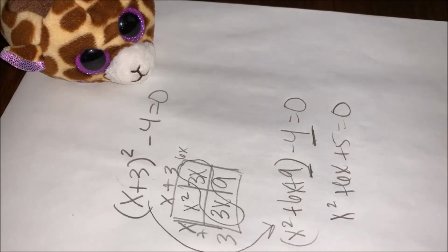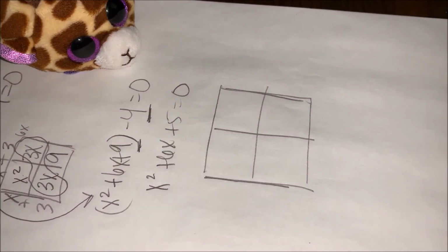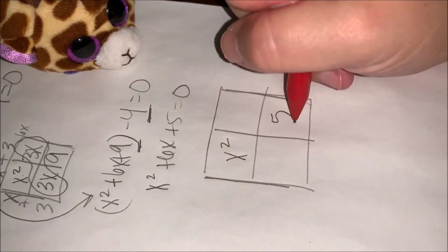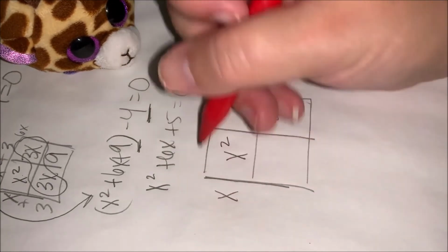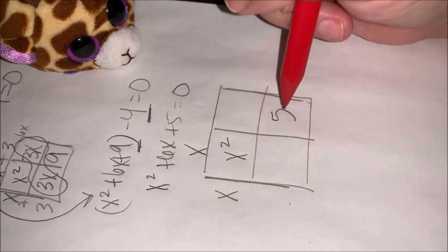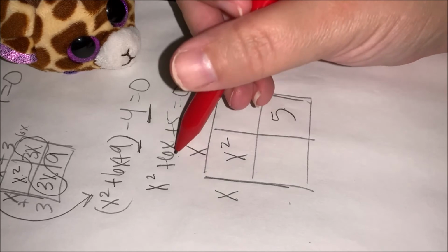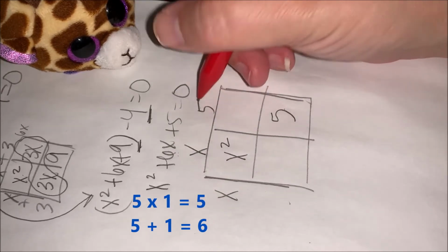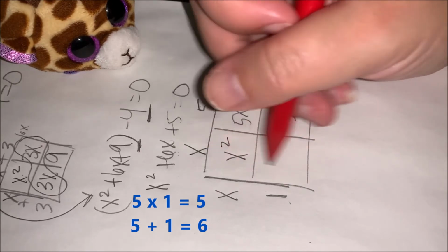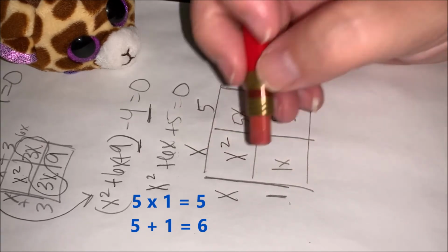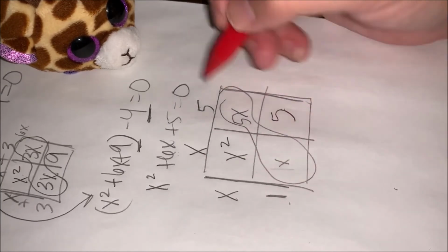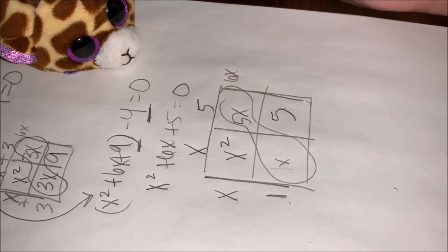So now I can start factoring this one. I'm going to start filling in my area model. I have x squared, I have 5, so I have x, I have x. So what times what gets me 5? That could also get me a 6. So I know 5 times 1 is 5, and 5x plus 1x, or we could just say x, that these added together are going to get me that 6x.